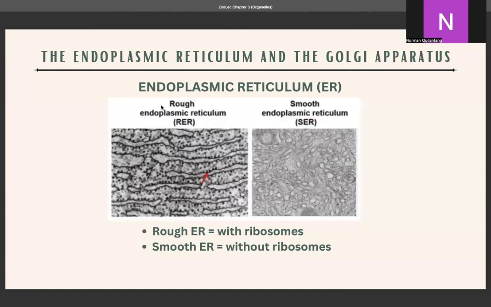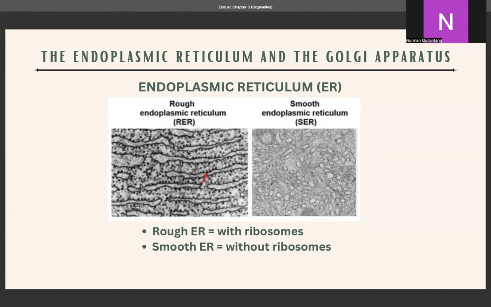It's called rough endoplasmic reticulum because when you look at it under an electron microscope, you can really see the numerous ribosomes attached to it. That's why it looks very rough.